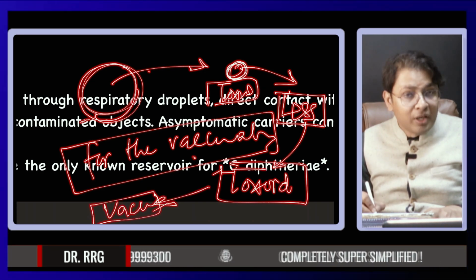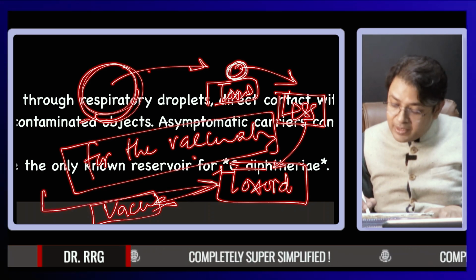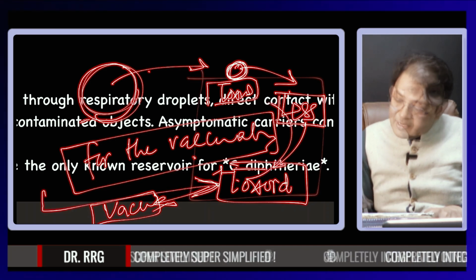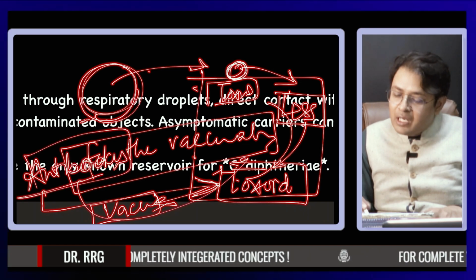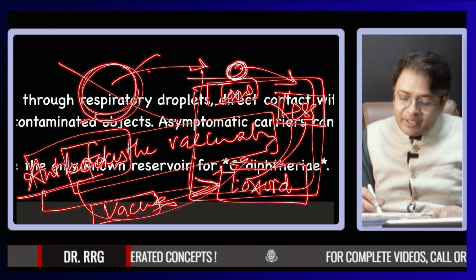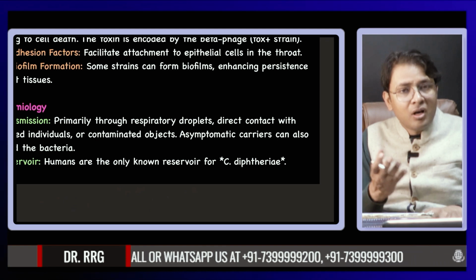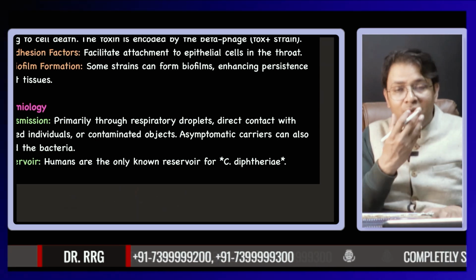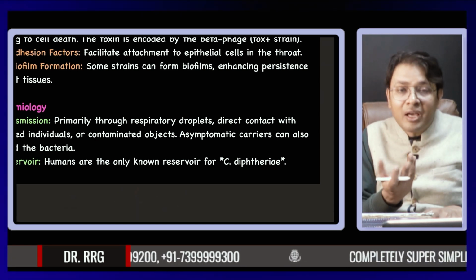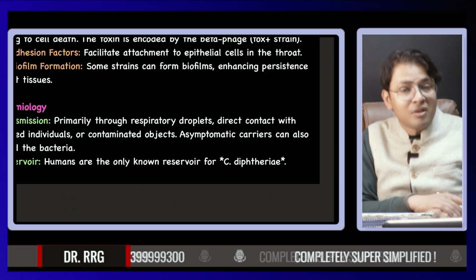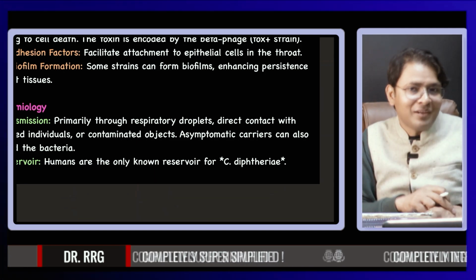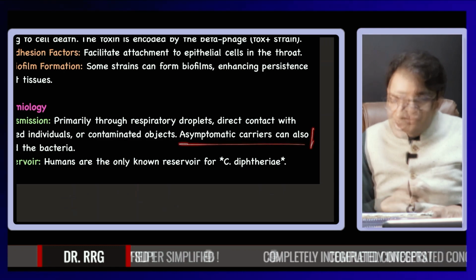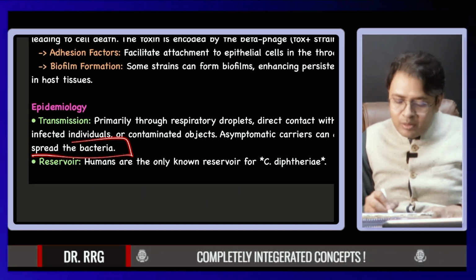Therefore, our body develops training against the toxoid or toxins. We develop antibodies against the toxins or toxoid, not against the bacteria. Therefore, even after vaccination, our skin or throat may have colonization of these bacteria because our training is against the toxins or toxoid, not against the bacteria. Asymptomatic carriers can also spread the bacteria.